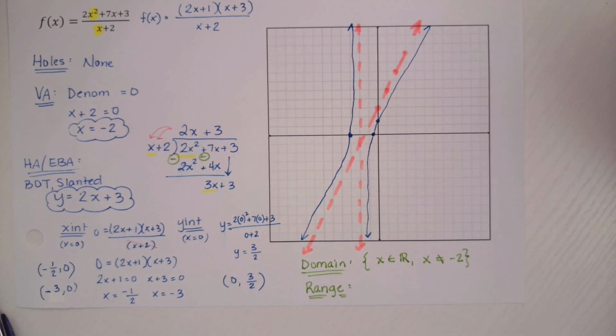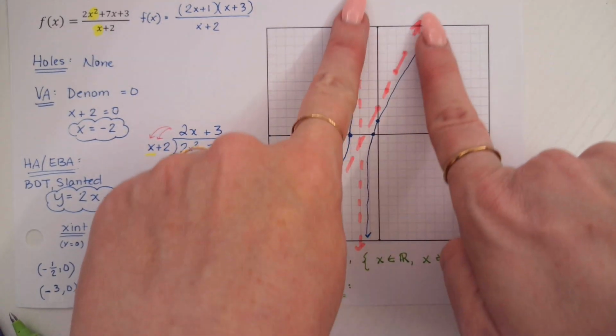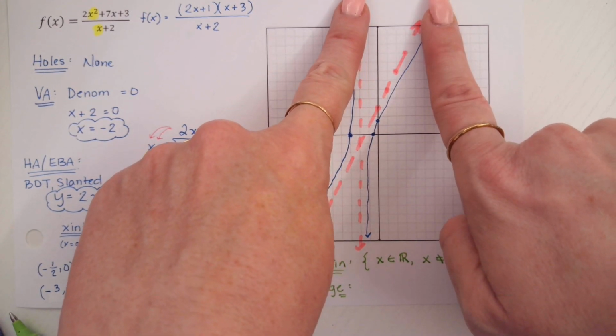For my range, are there any y's that we're going to need to exclude? Look at where your graph is. Take your little fingers, start from the bottom, follow it up. Are there any y's that we hop over? We hop over 3? Did I ever lift my finger up and hop over 3?